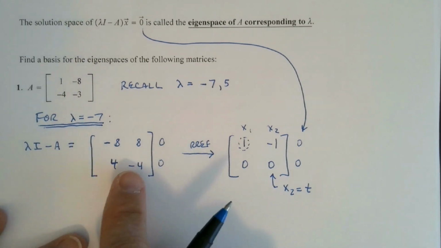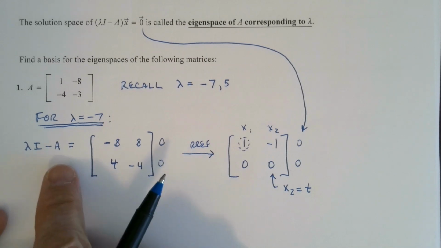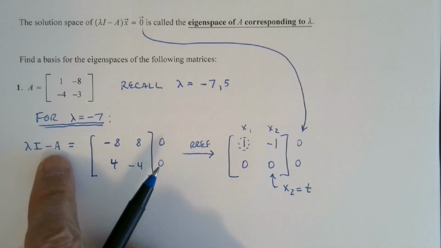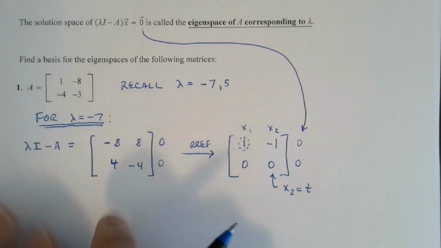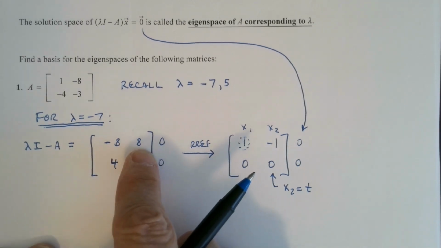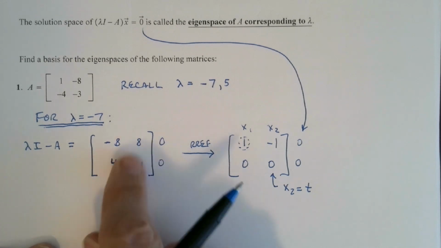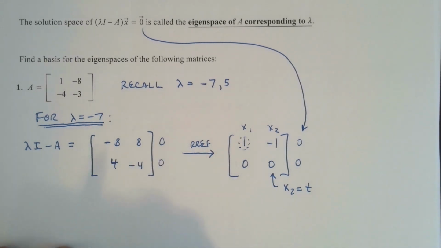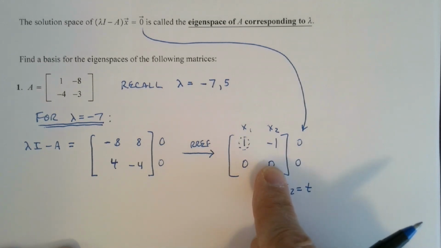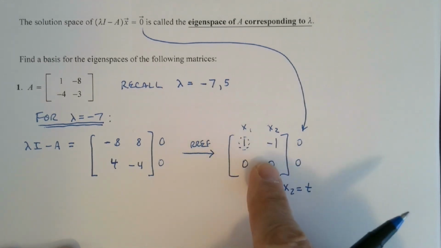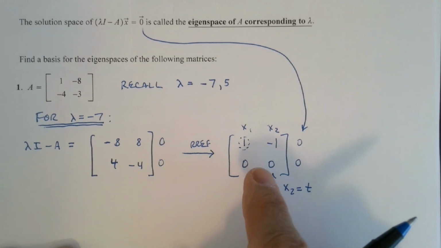Mainly the way students mess up in this one, if you go back to the last video, is when subtracting the A, they forget to subtract the signed numbers. And this becomes -8, and this becomes -4, or something like that. You get something wrong, and then you end up with the identity matrix here. So if you get the identity matrix here, make a mental note, something is wrong.